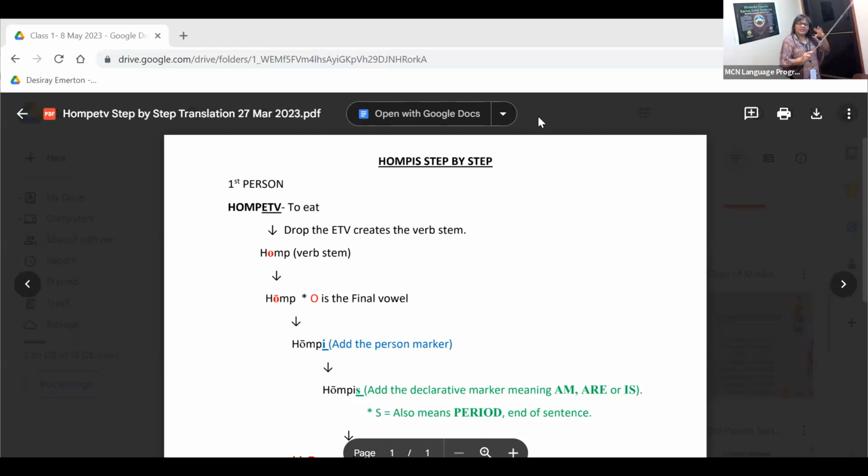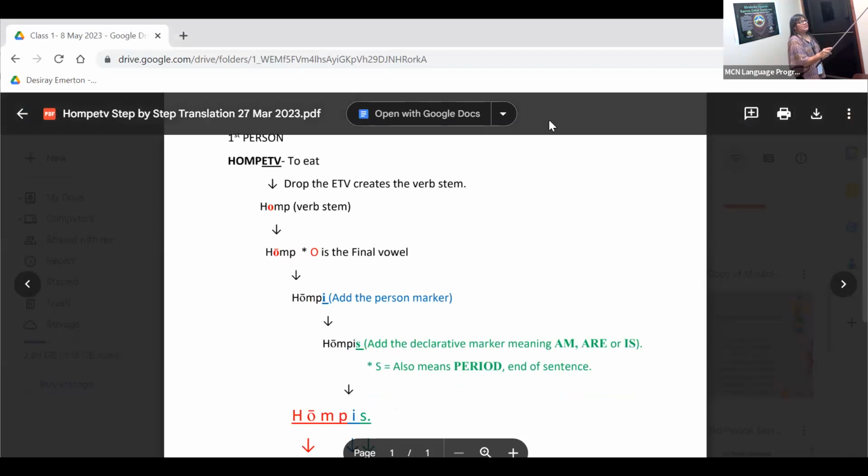These are the steps, but in different formats. So maybe we can capture you in one of these steps. I know the written rules sometimes get kind of monotonous and tiring. All right, Mvhayv. So Mvhayv, to eat. You drop the ETV to create the verb stem. So like I said, I do it in steps. So you see H-O-M-P.